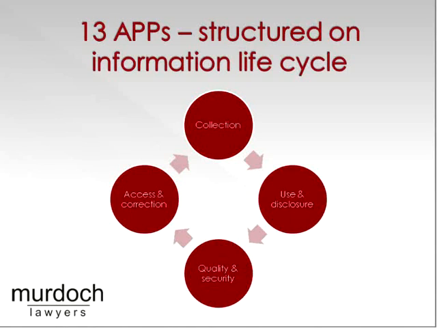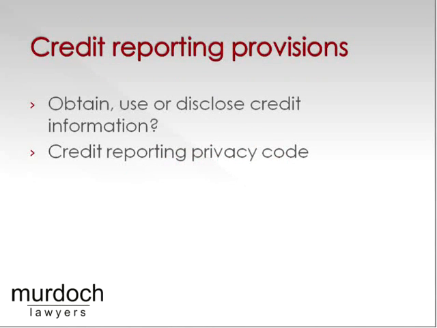The APPs are structured on the information life cycle, so it's got everything to do with how personal information is handled, starting with the collection, use and disclosure, ensuring the quality and security of that information, and that individuals have access to the information and can seek its correction.